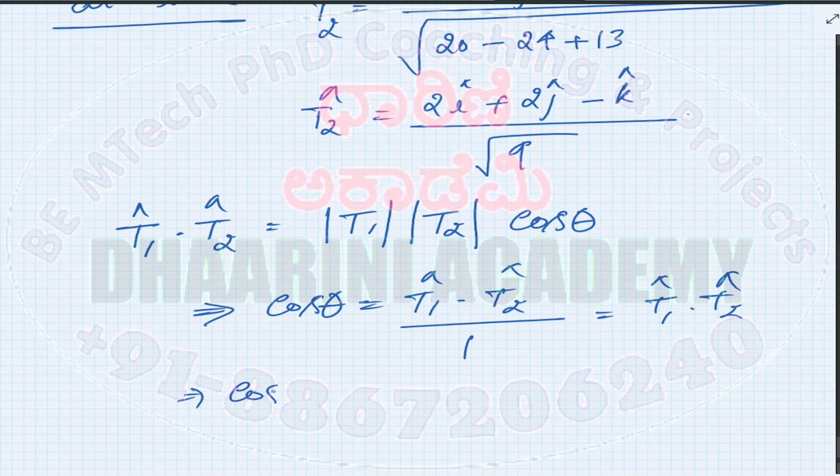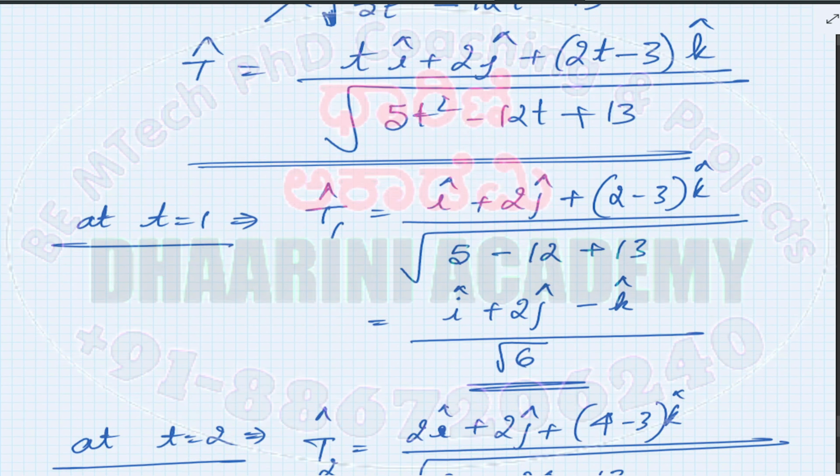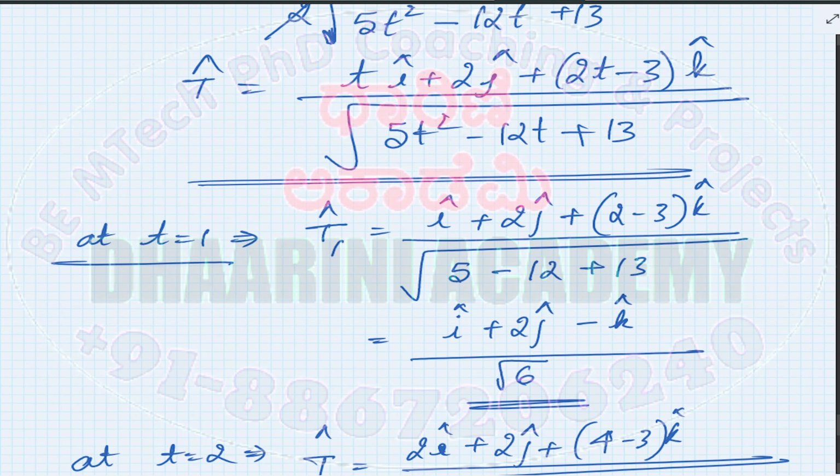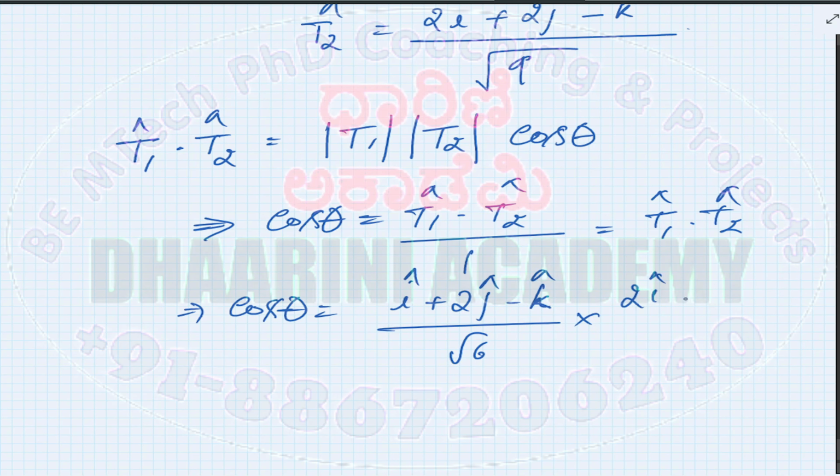This implies cos theta is nothing but, let me write the t1 and t2 which we have already written here. This is i cap plus 2j cap minus k cap by root 6, the first one, and the second one is 2i cap plus 2j cap minus k cap divided by root 9.